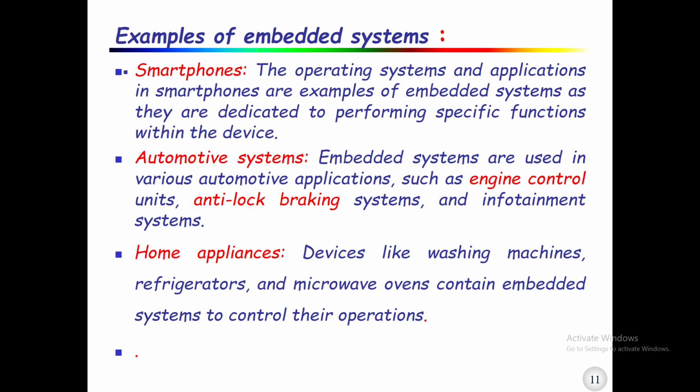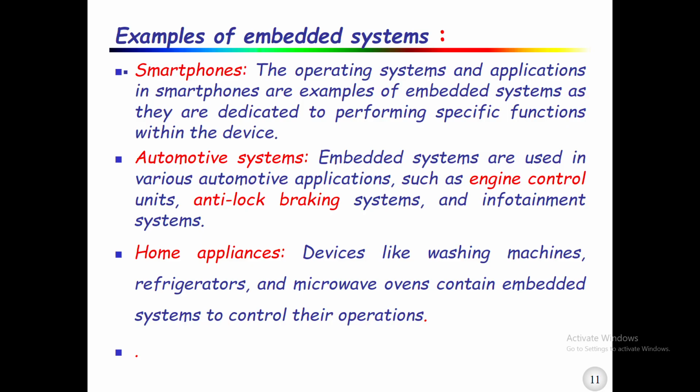And the other one is examples of certain kinds of embedded systems. Smartphones: the operating systems or applications in different smartphones are examples of embedded systems as they are dedicated to performing specific functions within a device.